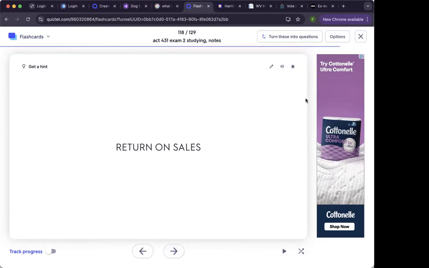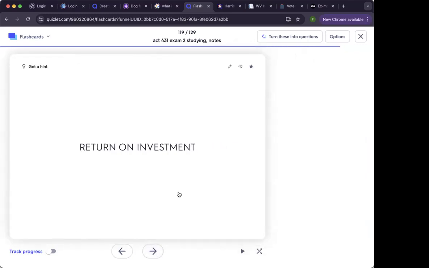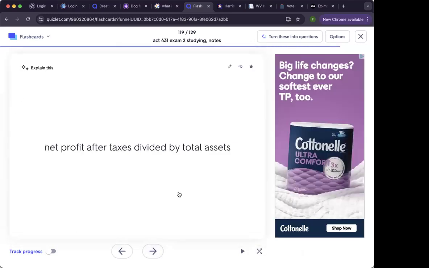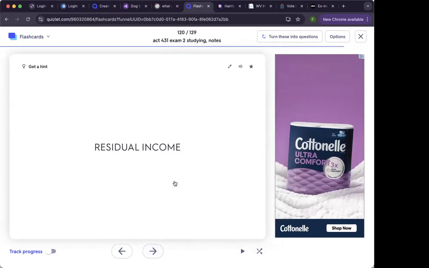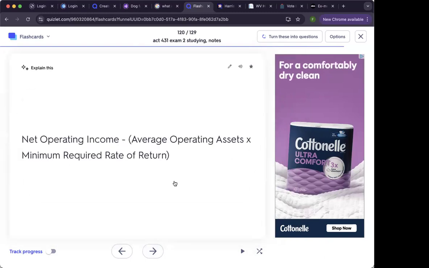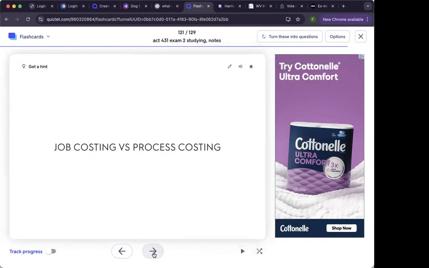Return on sales: net income divided by sales. Return on investment: net profit after taxes divided by total assets. Residual income, RI: net operating income minus (average operating assets times minimum required rate of return).